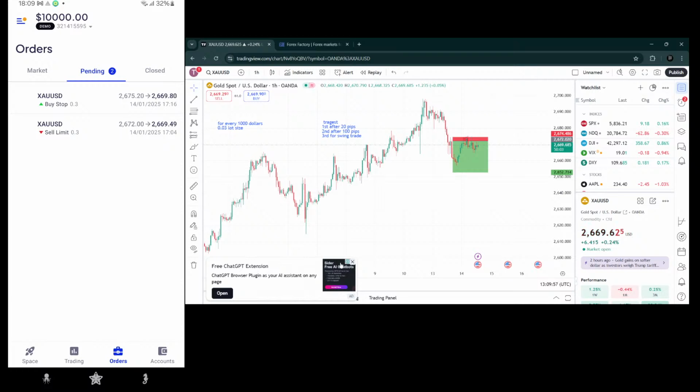Even now, if you see, the market is just moving in the middle, like 2678, 69, or 70. It's not moving in one direction. Always wait for your setup.